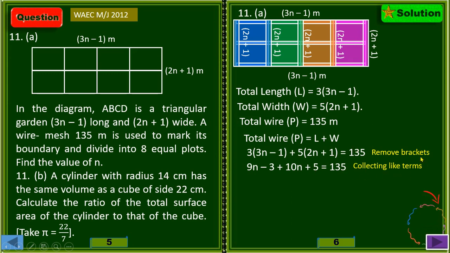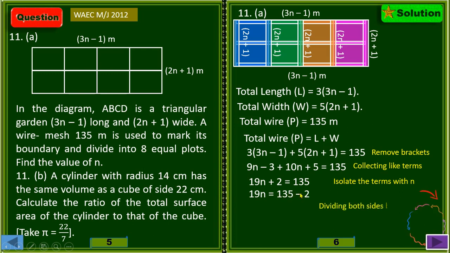Then we collect like terms. We add the terms in n together and put all the numbers together. So 9n plus 10n will give us 19n. Minus 3 plus 5 will give us plus 2. Then we make n the subject. So 19n is equal to 135 minus 2.